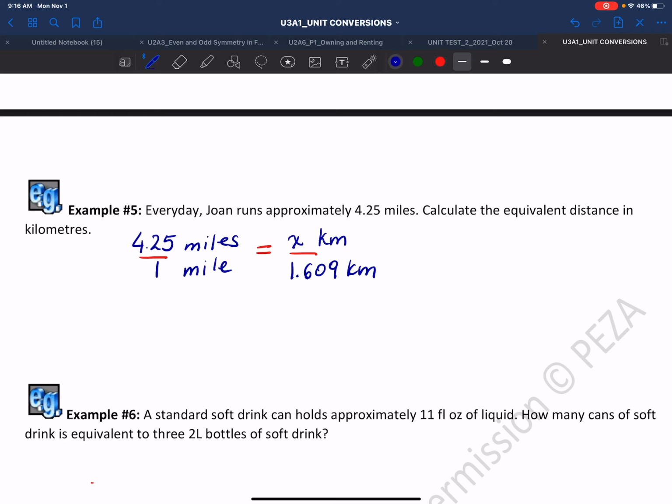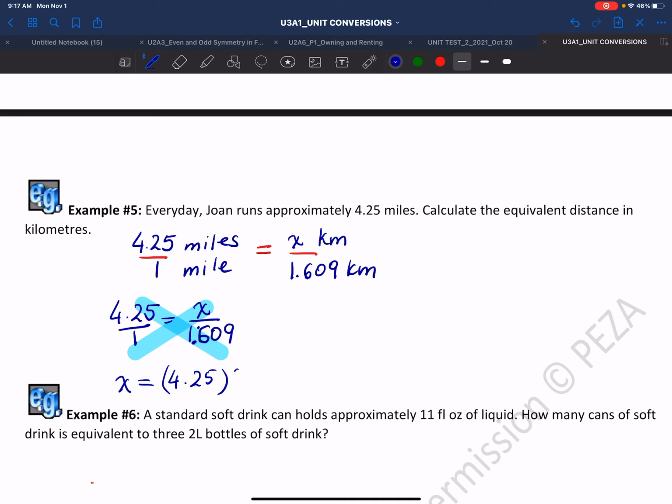So here goes our equation, 4.25 divided by 1 equals x over 1.609. Cross multiply from here. I like to cross multiply first the two numbers that have the x in it, because I like to keep x on the left side.